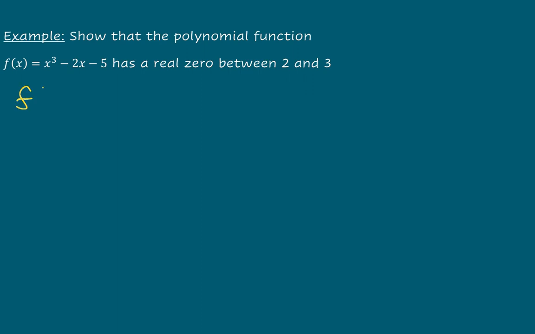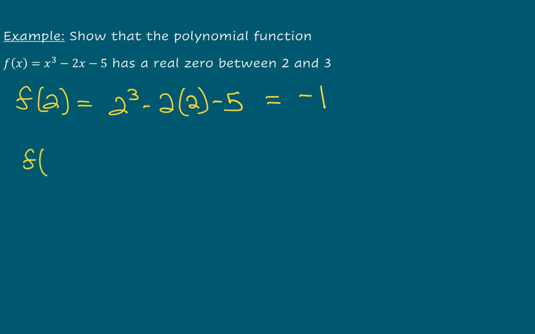So f of 2 will be 2 cubed minus 2 times 2 minus 5, which gives us a value of negative 1. F of 3 is 3 cubed minus 2 times 3 minus 5, which gives us a value of 16.